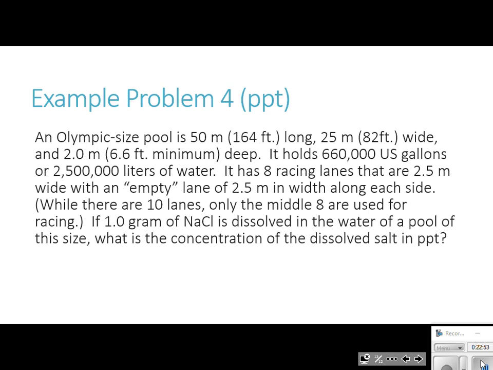Okay, so if we are calculating our parts per trillion, well, what is our amount of salt? We've got 1.0 grams of salt that we put in there, right? We need to have the volume of our solution in milliliters, right? Here is the volume of water of that pool in liters.